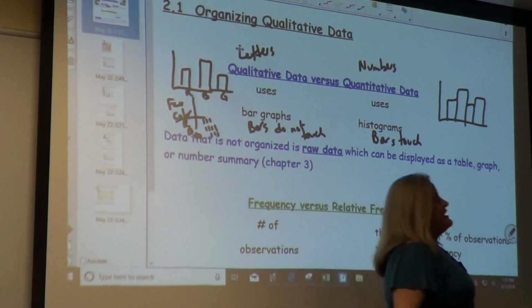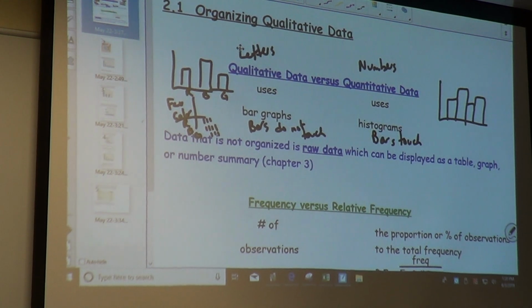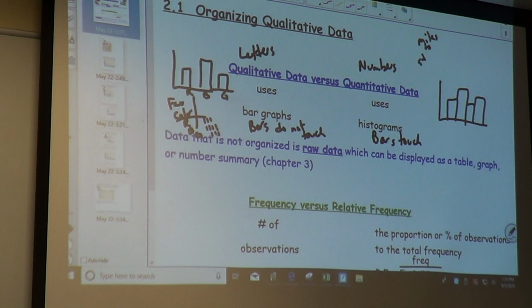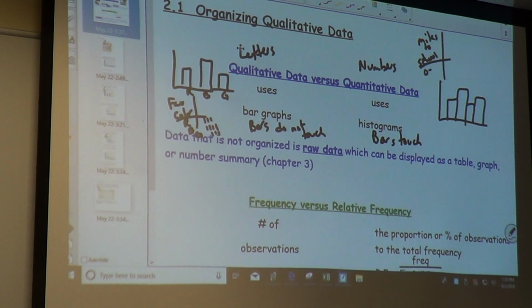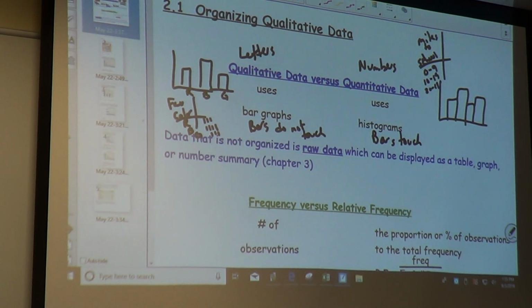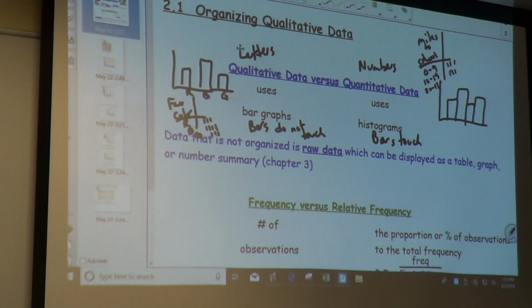Okay? Now, if we go to recess, and I say, how many miles do you drive to school? 0 to 9, 10 to 19, 20 to 29. 3 people said that, 4 people said that, 2 people said that, 30 to 39, 4 people said that.